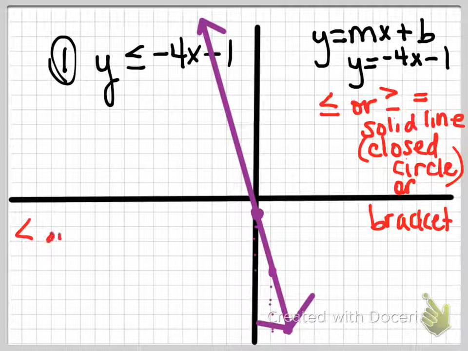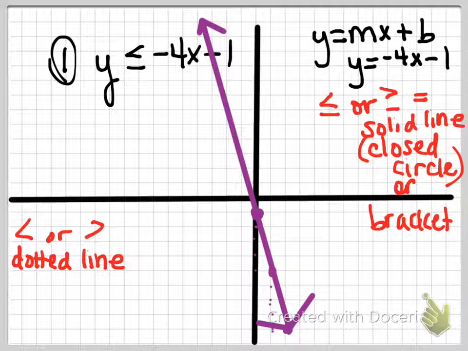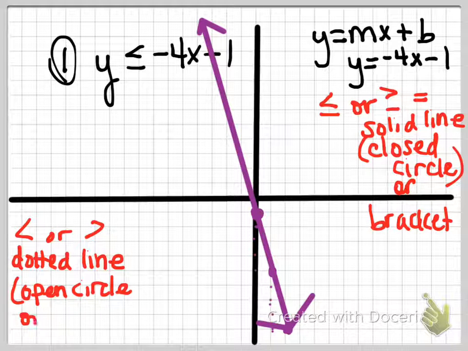Well, a less than or a greater than is a dotted or a dashed or a broken line, and that's when you would have used an open circle or a parenthesis on your number line when you learned that. Okay? So for this particular one, we have a solid line because it can be equal to.